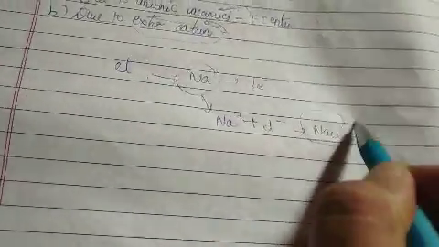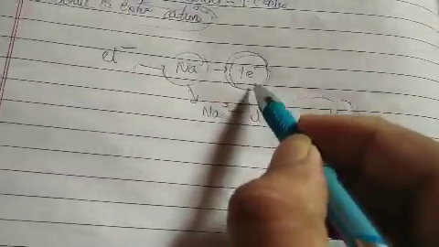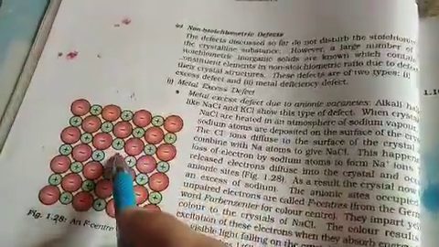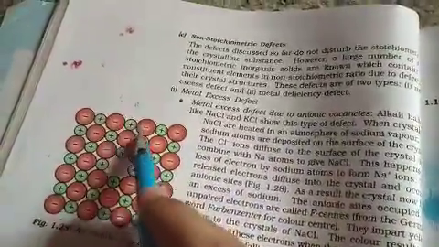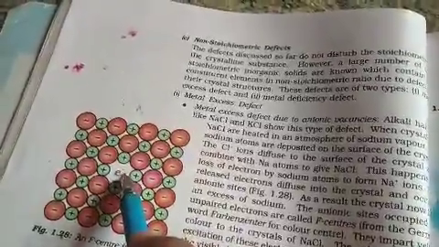Of course, this reaction takes place. So the extra electron which the sodium has left out will try to come back, and the incoming electron will occupy the position of the chloride ion which has earlier diffused out.